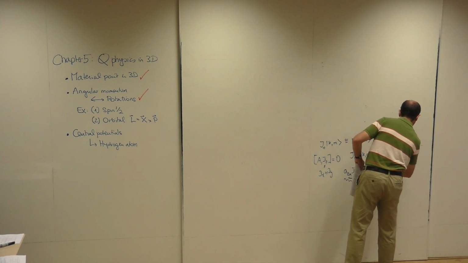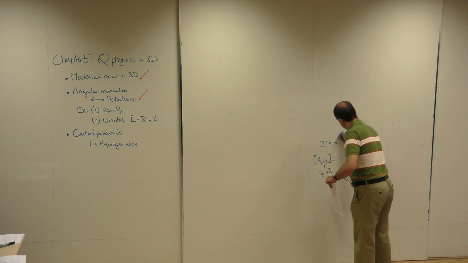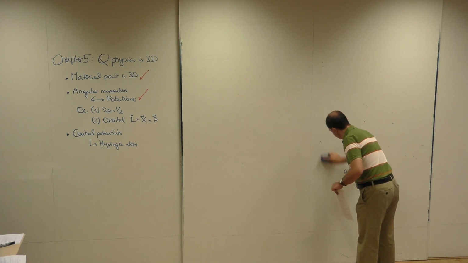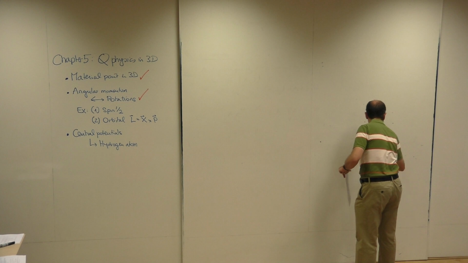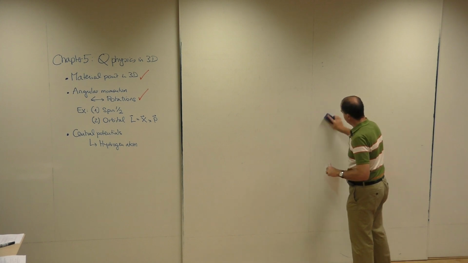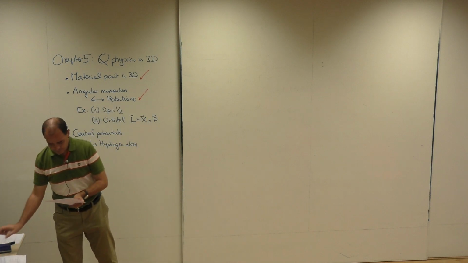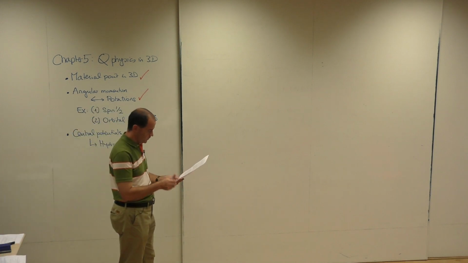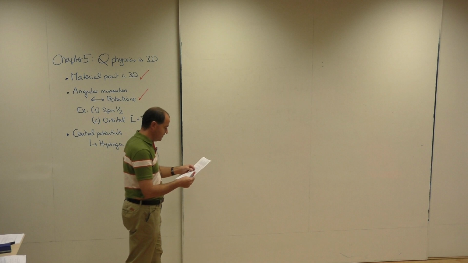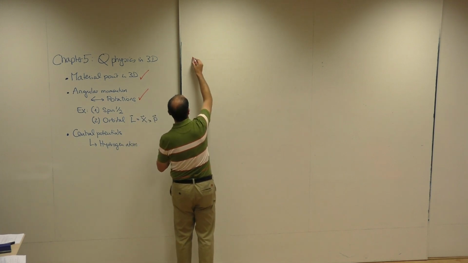Okay, so spin half. What does that mean? Well, we are going to explore what happens if j, the small j, the eigenvalue, is equal to 1/2. So what is a spin? First of all, a generic spin.